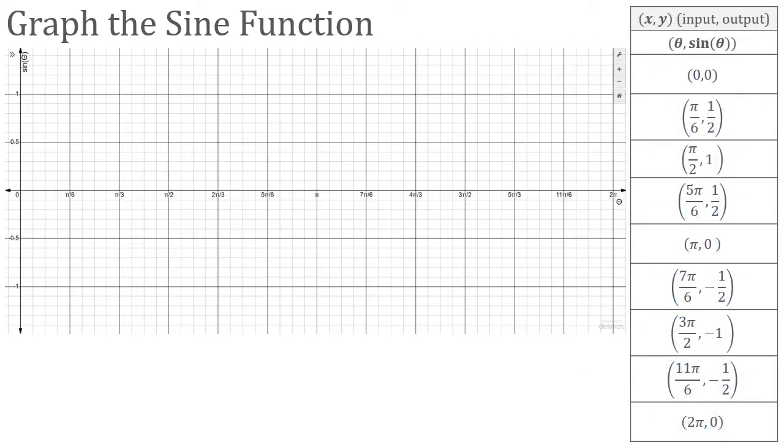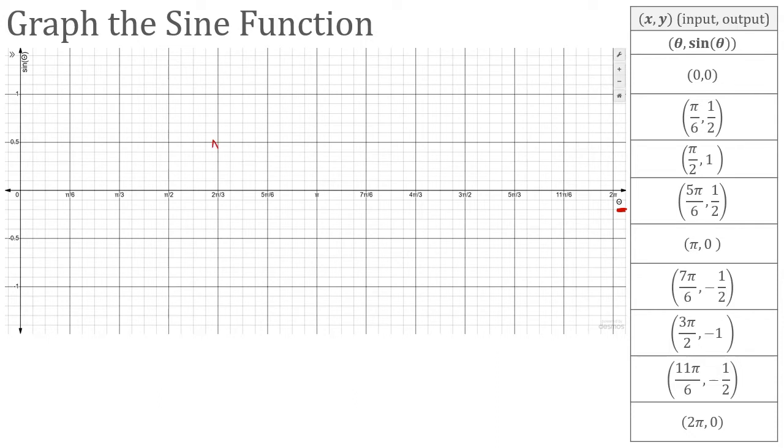So now we're ready to plot those points, and the table that we created in the last section is listed on the right, and we have a horizontal axis and a vertical axis. We have an input, we have an output. The input is going to be theta, our angle, so that's marked on the horizontal axis.